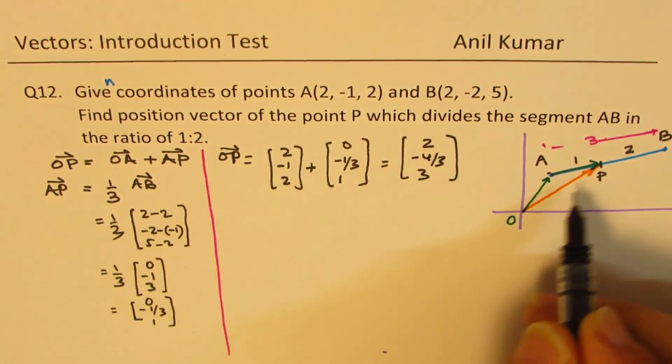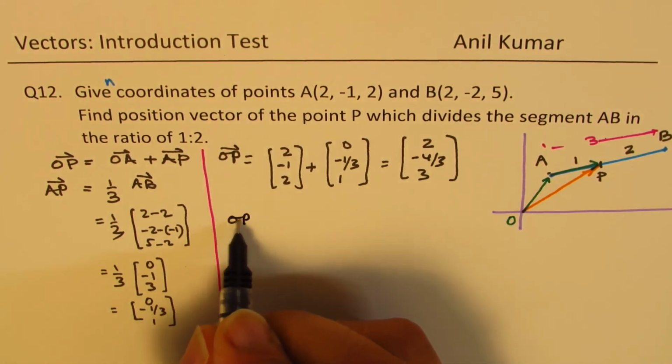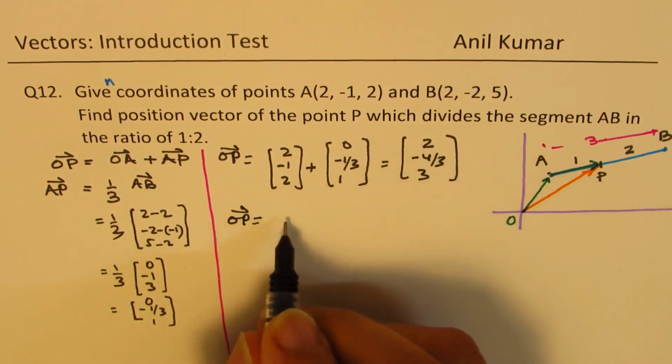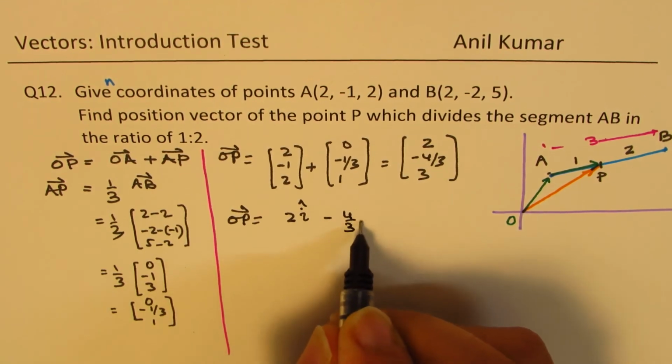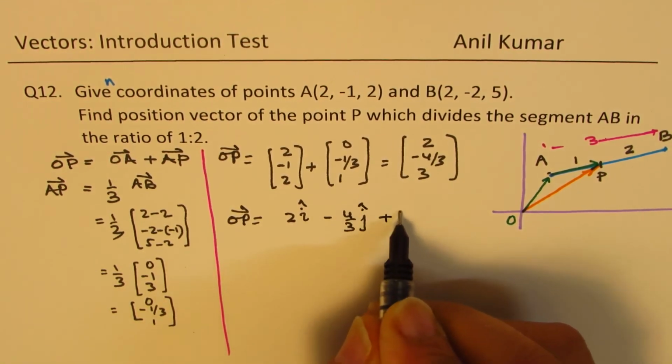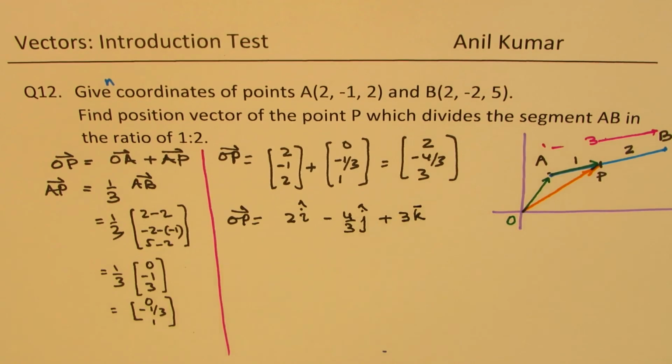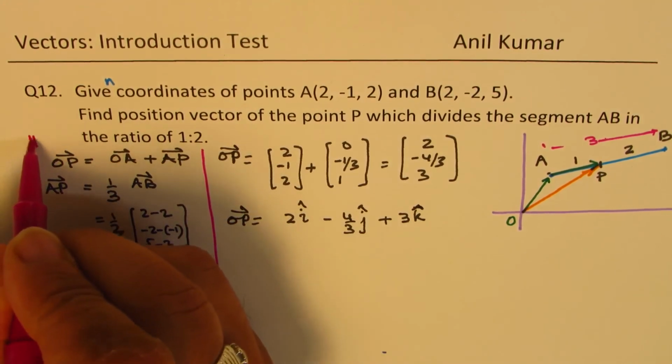So OP you can write also as 2i minus 4/3 j plus 3k. Right. So these are unit vectors i, j, k. So that is method 1.